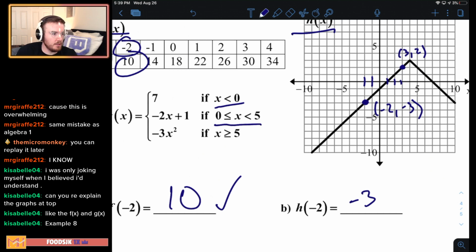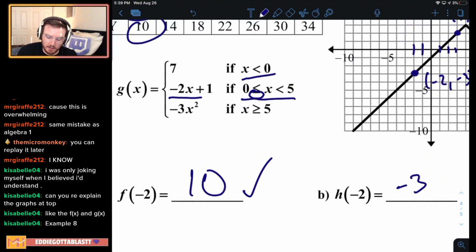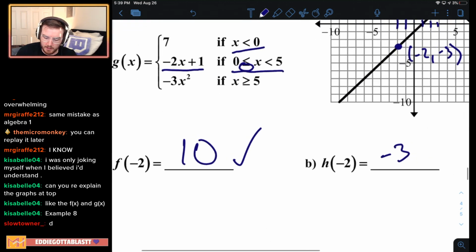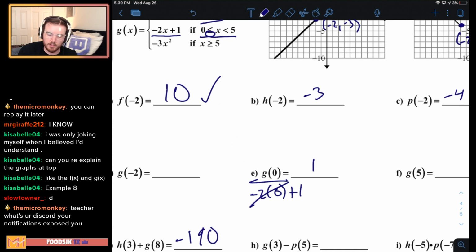What about this one? Well, that says when x is equal to 0. That's what that symbol means right there, equals. So because x is equal to 0, I'm going to plug it into this function right there. So negative 2 times 0 plus 1. Well, that just cancels out. So the answer is 1.